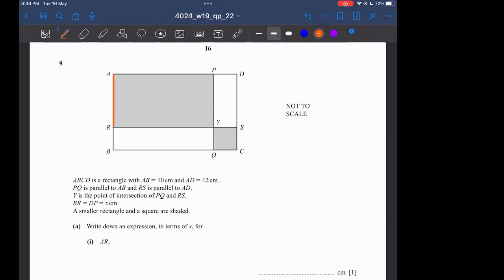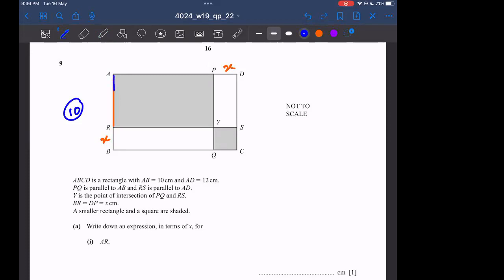We need to calculate the expression for AR over here. BR is X centimeter and DP is X centimeter. This AB value over here is 10 centimeter.